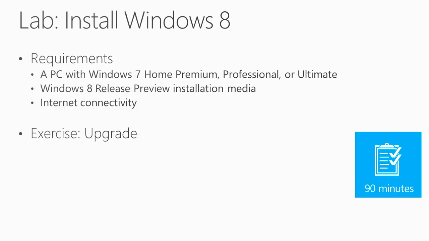Go through that and make sure that you're comfortable with everything that's talked about in the lab, and that you are able to successfully go through all the steps, and that you end up with a Windows 8 installation, because that's going to be necessary for the later parts of this training. But yeah, good luck with the lab, and our next module will be activation.